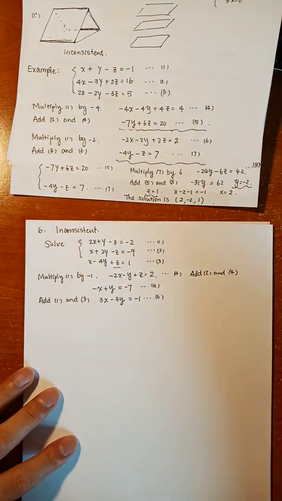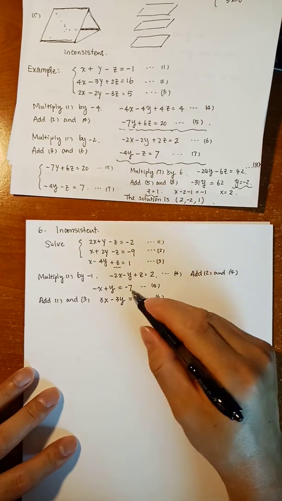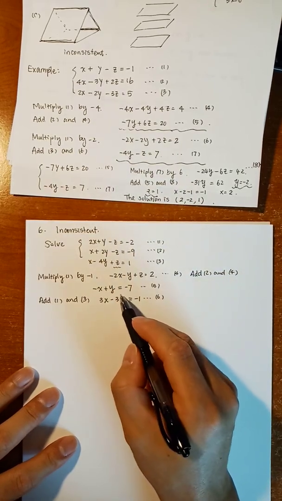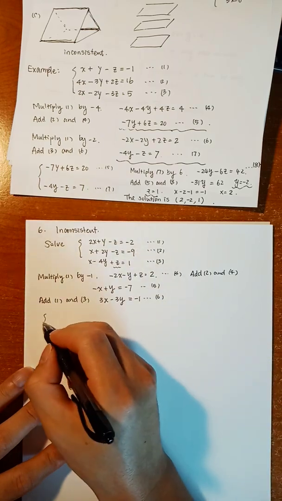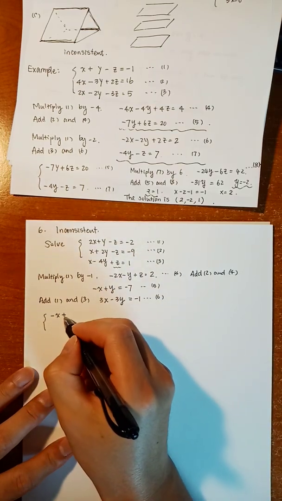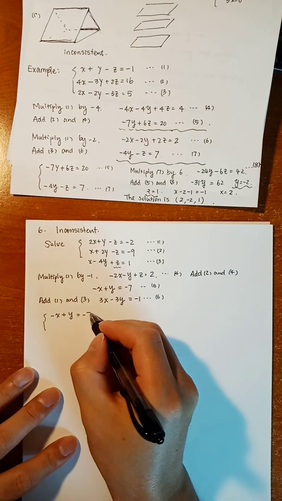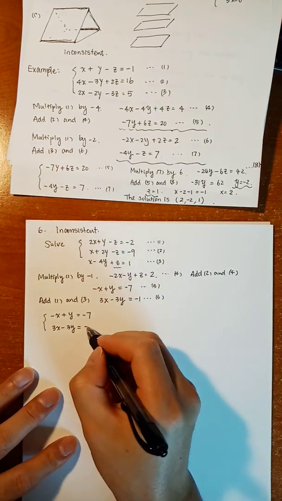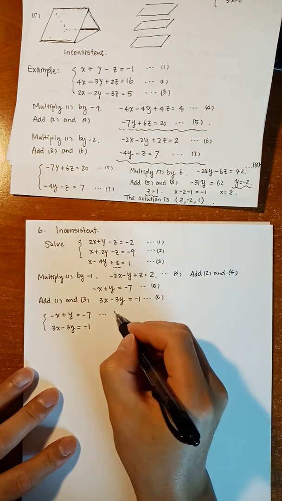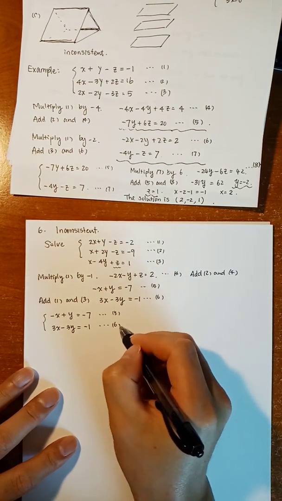All right? So we put these two new equations together. They only contain two variables. So we have negative x plus y is equal to negative 7, and 3x minus 3y is equal to negative 1. This is equation 5, equation 6.